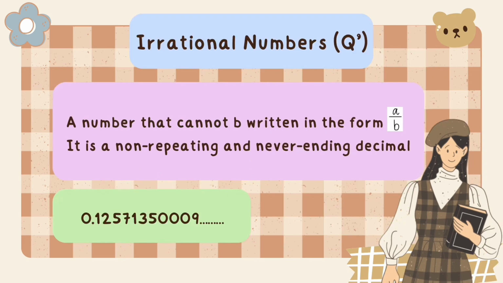And the last are irrational numbers, numbers that cannot be written in the form a over b. They are non-repeating and never-ending decimals, for example 0.12571350009 till infinity.